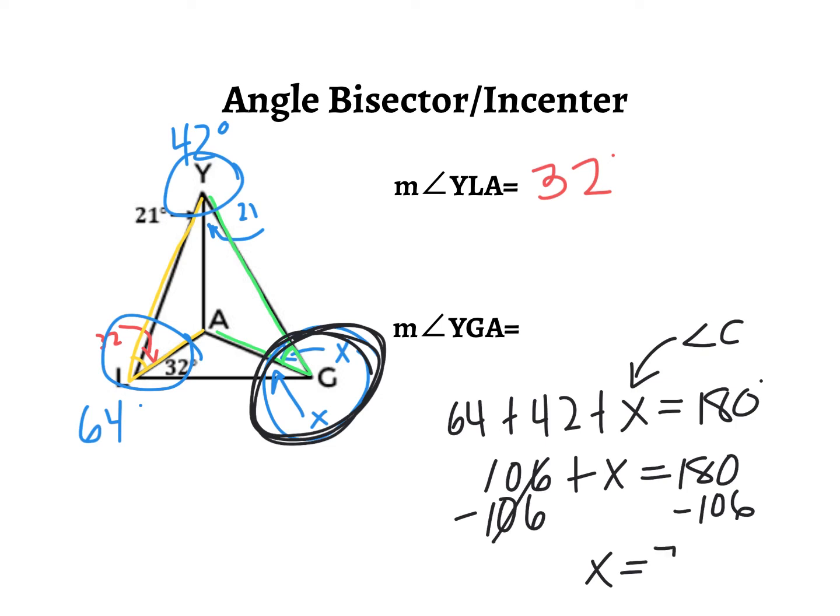Yeah, this should be 74 degrees. That's angle C. Now we're only interested in this angle, which is half of it. We're interested in this piece because it's getting cut in half. So we divide this by 2 and we get 37 degrees. Right? Because angle G is going to be cut in half right there.